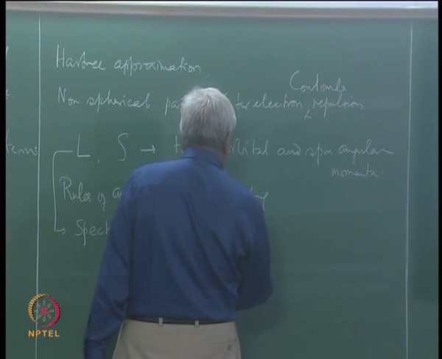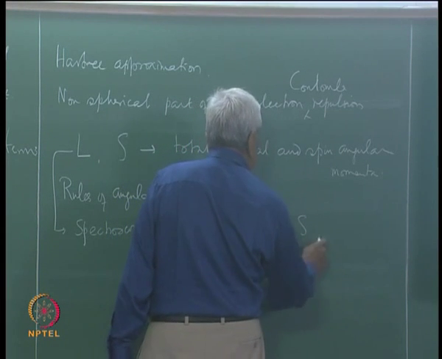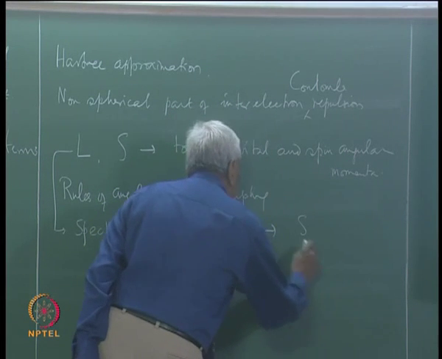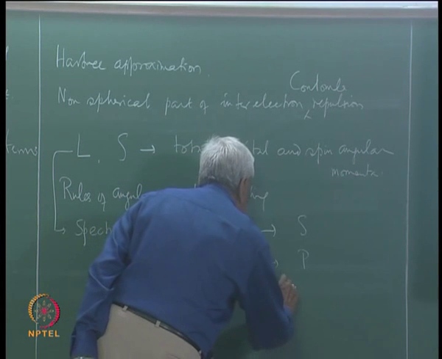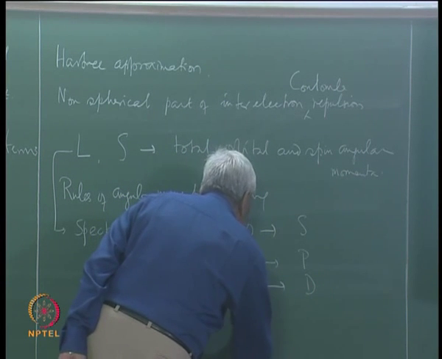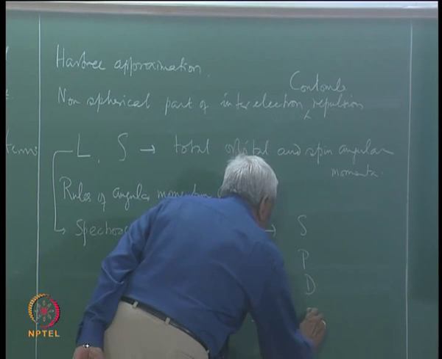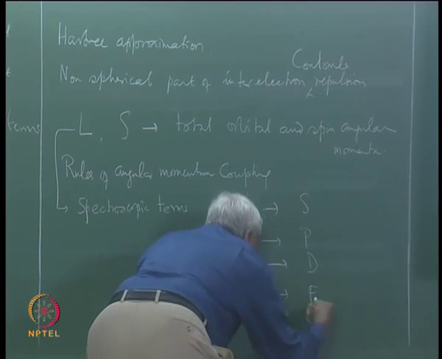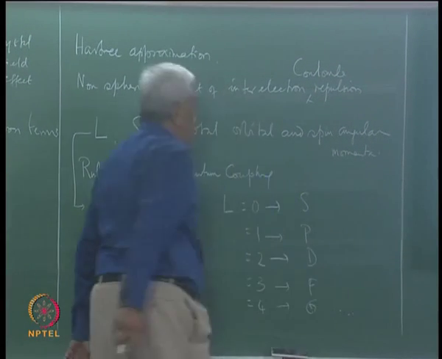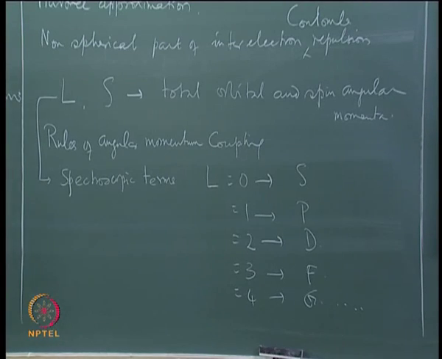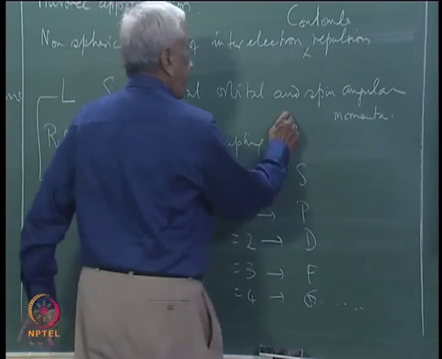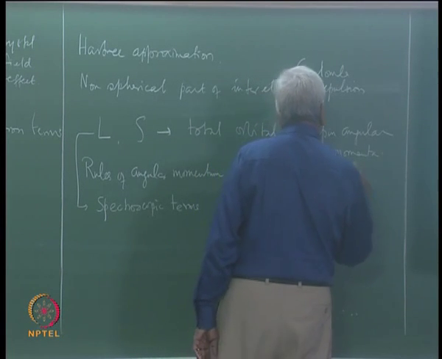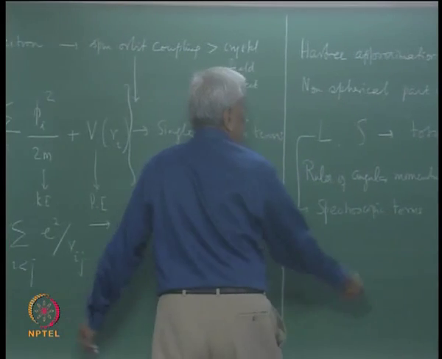If L is 0, we call it an S term. If L is 1, it is a P term. If L is 2, it is a D term. If L is 3, it is an F term, and then 4, 5, etc., it is in alphabetical order, G, etc., and so on. So, these are the term symbols corresponding to the different orbital angular momentum values.